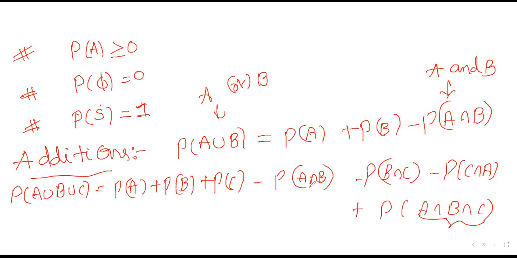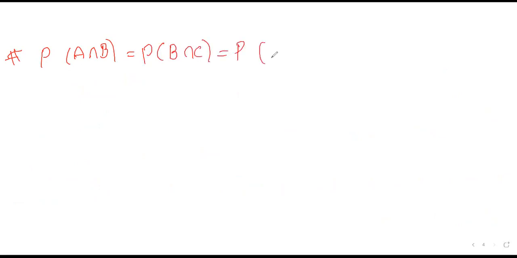Then we'll see the next property, that is the associative property. P of A intersection B is equal to P of B intersection C is equal to P of A intersection C or C intersection A. If P of A intersection B, P of B intersection C and P of A intersection C are equal, then we can say that P of A intersection B intersection C is always 0.